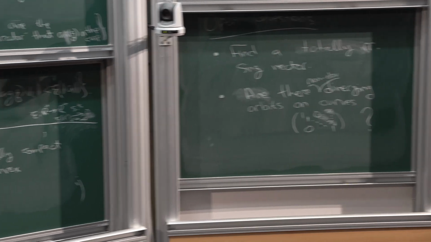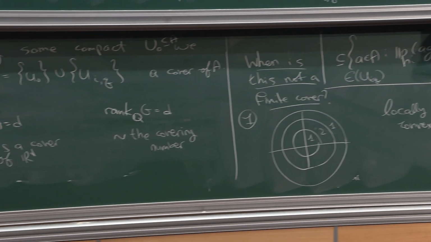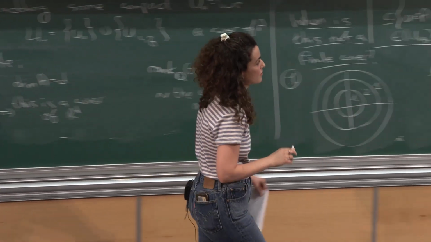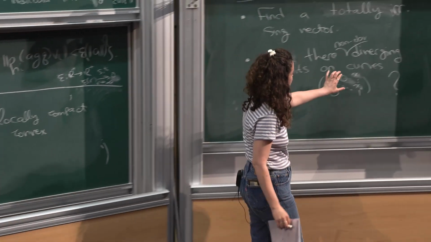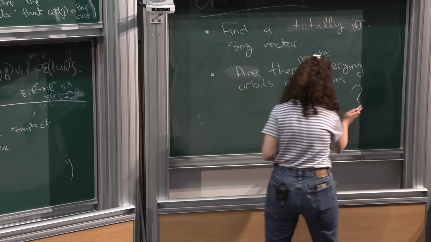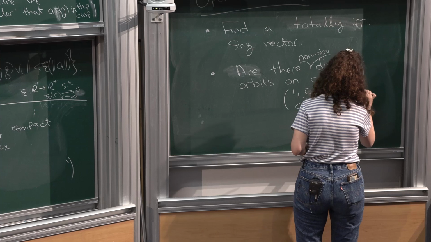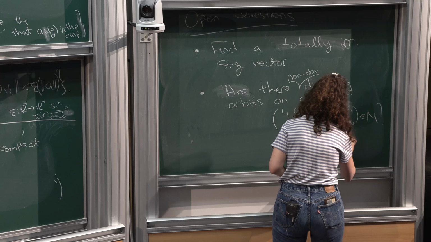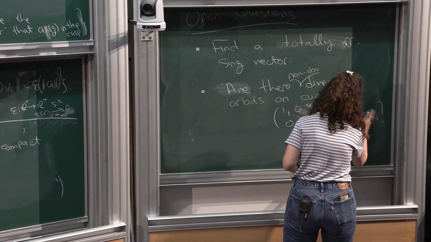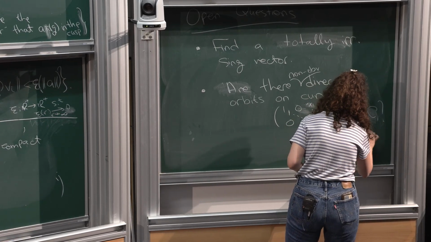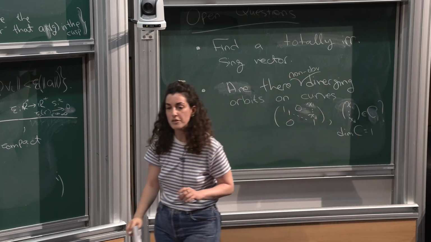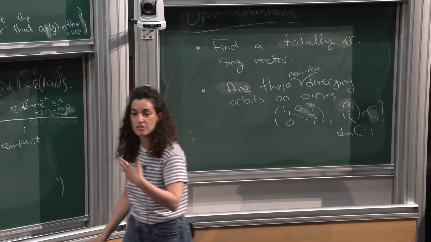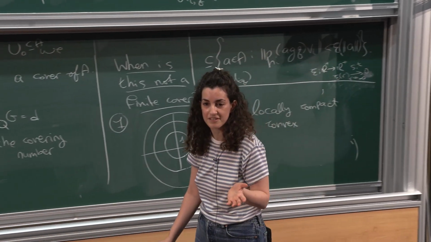Or to say on curves, you mean to take A to be dimension 1? Yes. So if you take x_1 to x_d in some manifold, let's call this C. If the dimension of C is at least 2, we know that if C is a smooth manifold, there will always be diverging orbits.